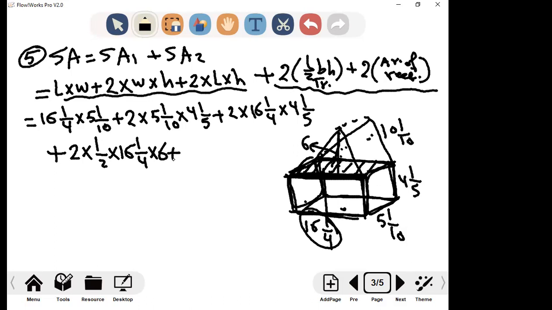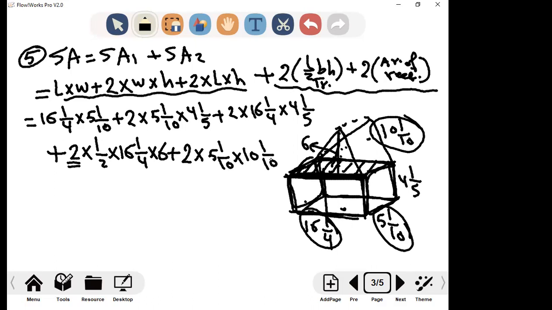Plus, I'm done with the two triangles. With the two triangles, I put 2 because they are congruent. But the area of the rectangle has length 5 and 1 over 10. So 2 multiply 5 and 1 over 10 multiply 10 and 1 over 10.